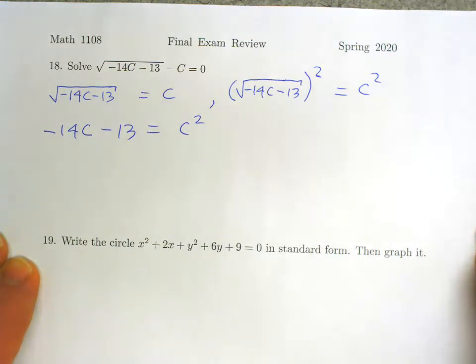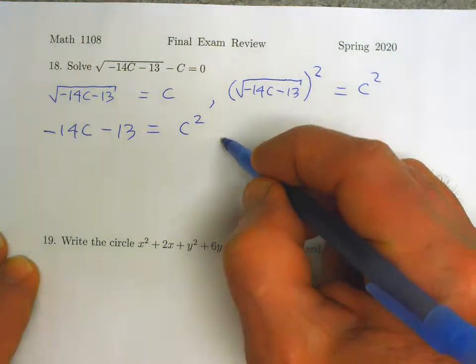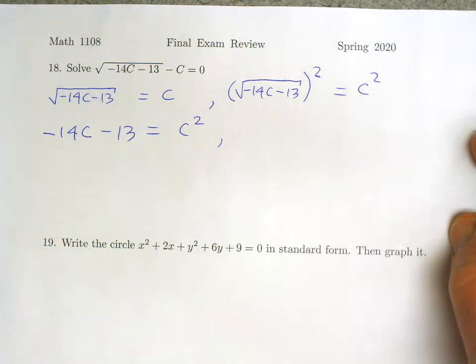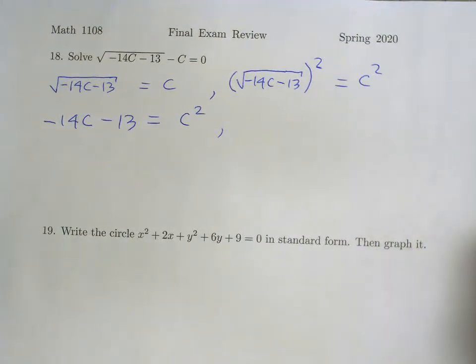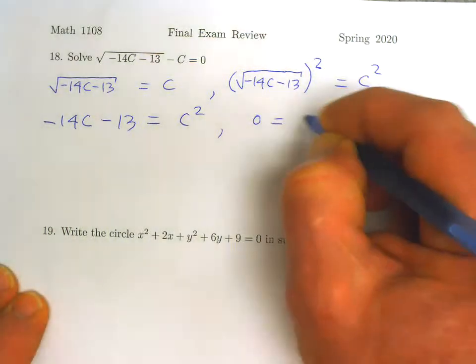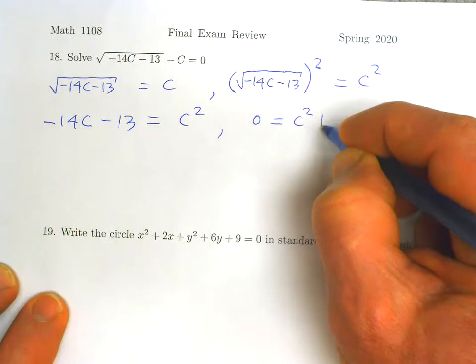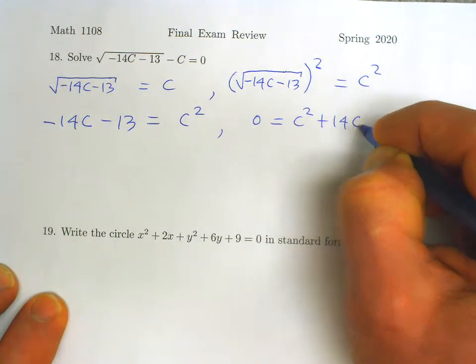This is just a quadratic equation. So we'll make the left-hand side 0 by adding 14c to both sides and also adding 13 to both sides. So we get 0 equals c squared plus 14c plus 13.